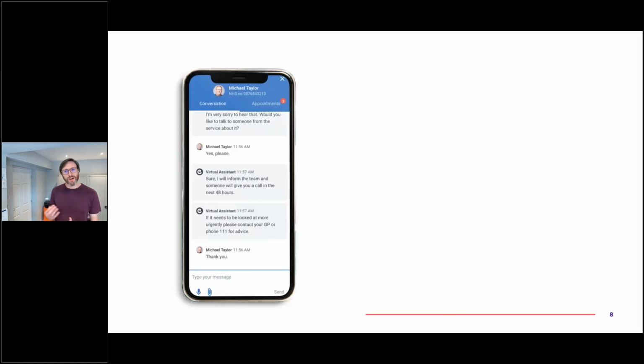But it's not about starting over. It's not about throwing the baby out with the bathwater. It's about taking everything we've learned so far about patient portals and then adding in the latest technology. So it still ticks all the boxes. We still deliver NHS app integration. We still meet all the specification requirements from NHSE for a patient portal.